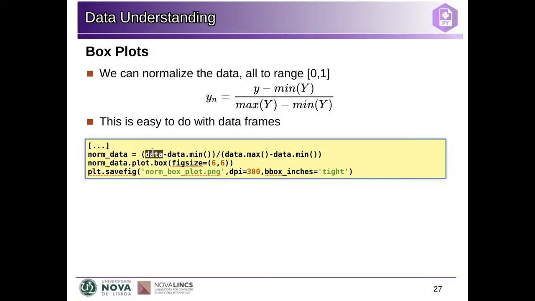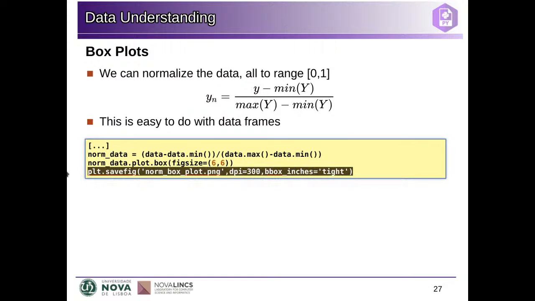So it's going to subtract this from every row. In every row, you're going to do this computation. And now you can divide by the difference between the maximum and the minimum. So this works exactly as if you were doing broadcasting with NumPy, but you can do it with Pandas tables. And now we can create the box plot and save the figure.